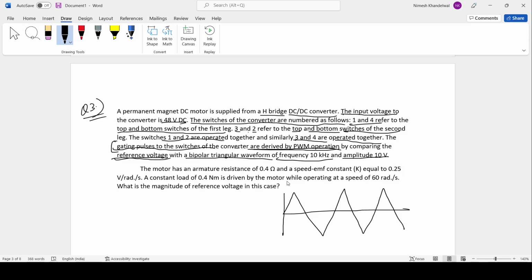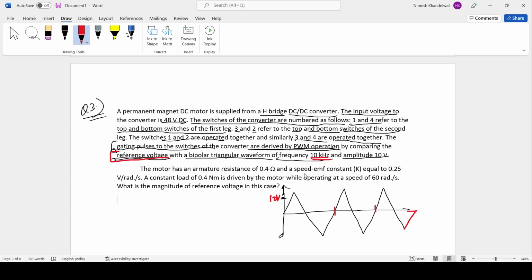It is saying that we are using this. Basically we are comparing our reference voltage to the voltages here. This has been given as 10 volt, and the frequency of this bipolar triangular waveform is given to us as 10 kilohertz.